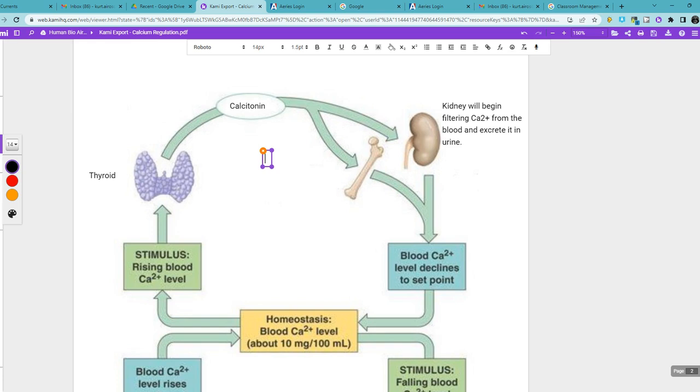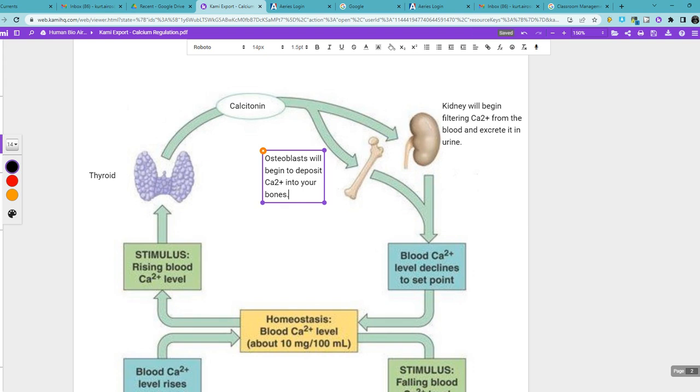So that's going to signal these special cells called osteoblasts. Osteoblasts are the bone creators. Osteoblasts will begin to deposit Ca2+ into your bones, and this is all because of calcitonin.